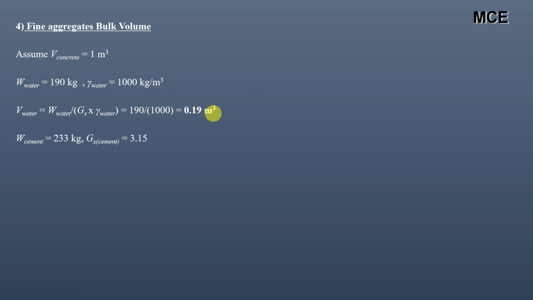Weight of cement is 233 kg. Weight of cement required for 1 meter cube is 233 kg. Specific gravity is 3.15. So volume of cement, this is weight of cement divided by specific gravity multiplied by the density of water. So it will be equal to 0.074 cubic meter.